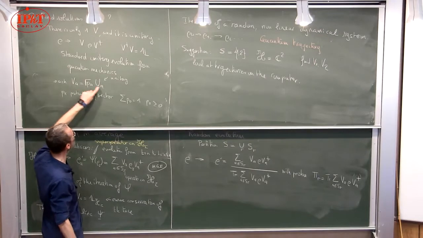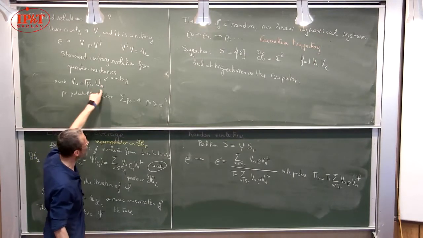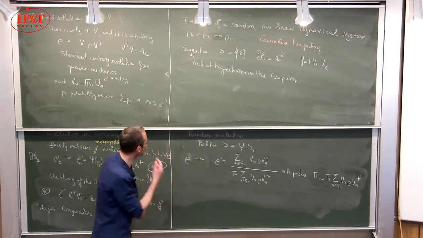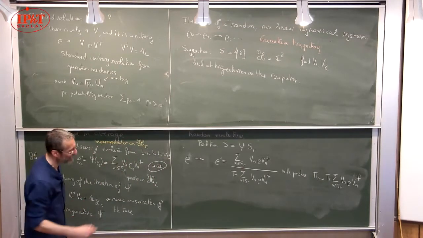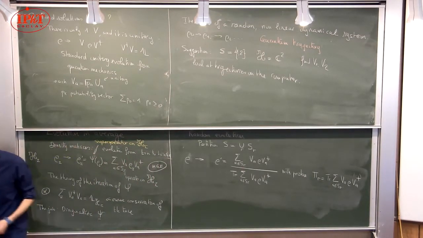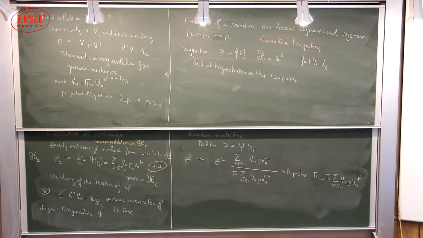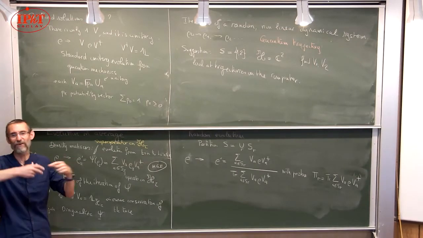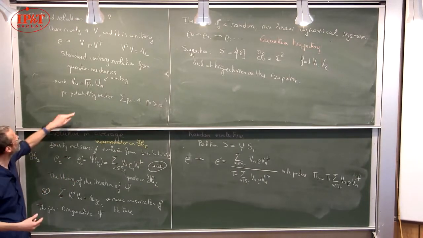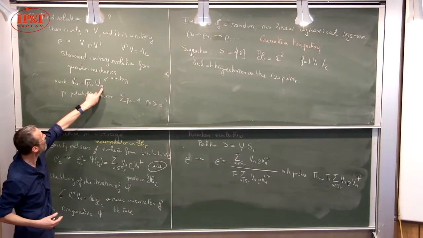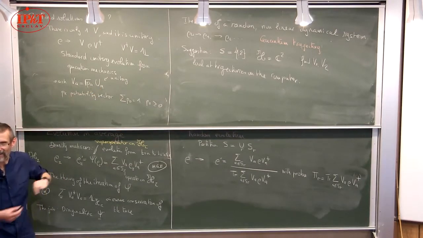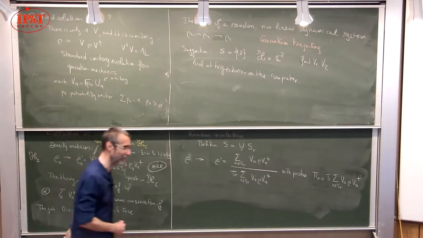In fact, if you look at this situation, what you are doing is that you imagine you have a system, and at each time step you choose in a random way which unitary evolution you impose to it, so that the evolution is a random succession, and each matrix UA is chosen with probability PA, and so you have a product of matrices.